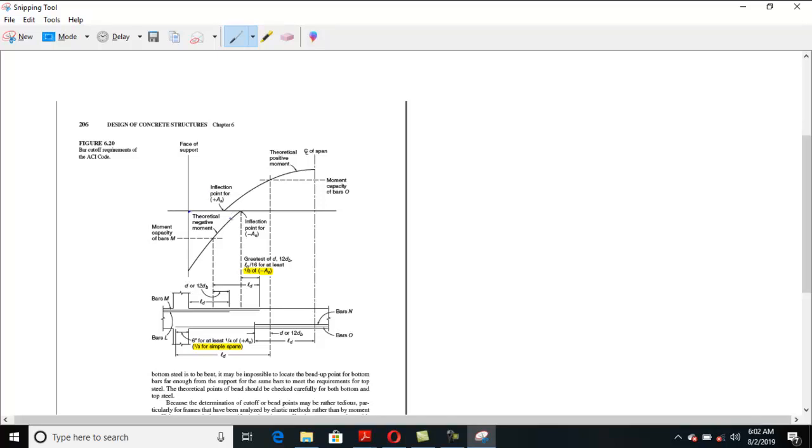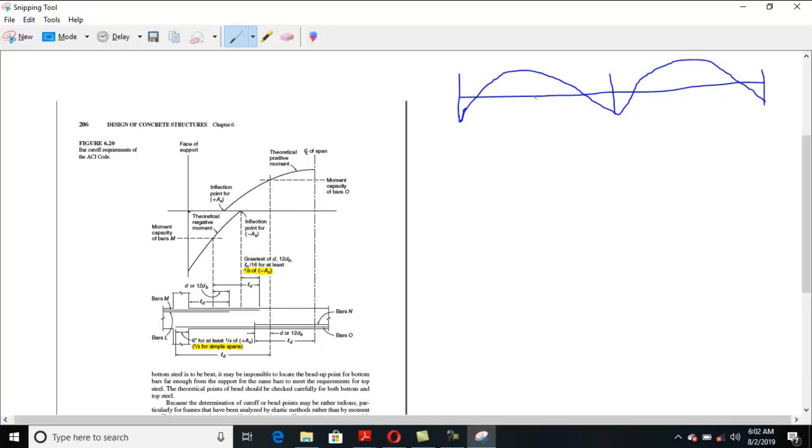Okay, and for a moment diagram for a continuous beam, these are columns, and this is the continuous beam. Most of the time, if you see its bending moment diagram, it starts from the negative, comes to positive, then comes down to negative, then it goes up positive, and then it comes down to negative.